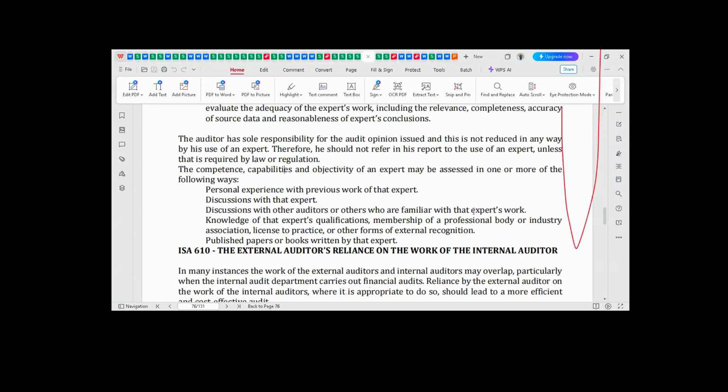Sometimes you also need to look at whether the expert has published books. For instance, in law we have the Nigerian Weekly Law Report that is published by Gani Fawehinmi Chambers.